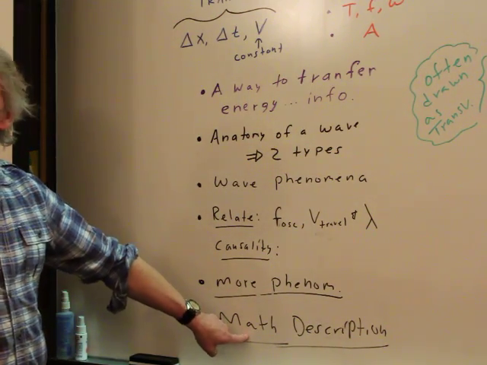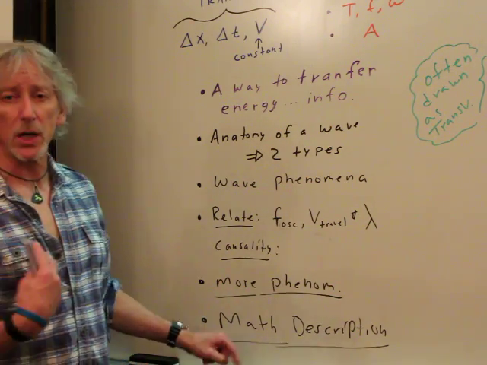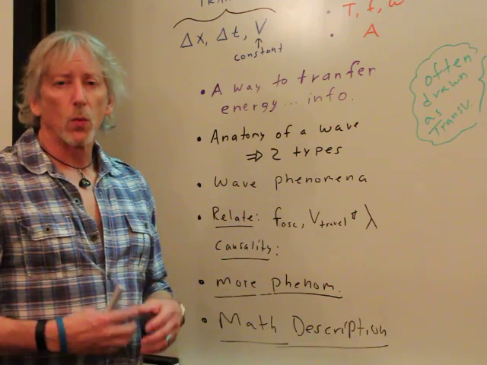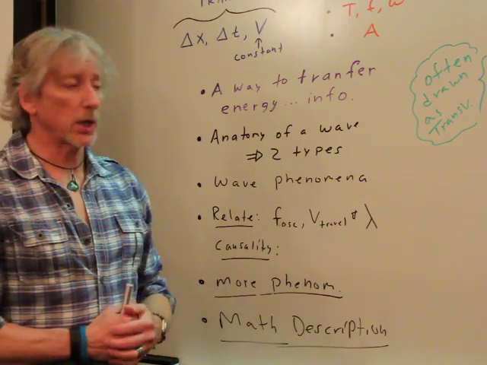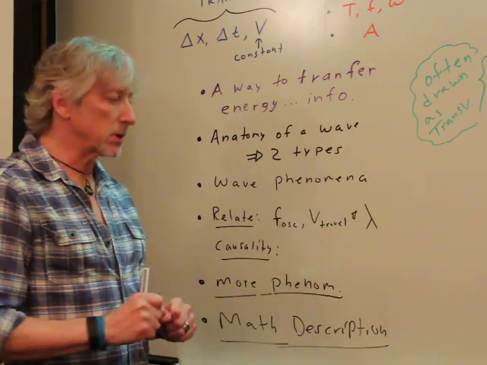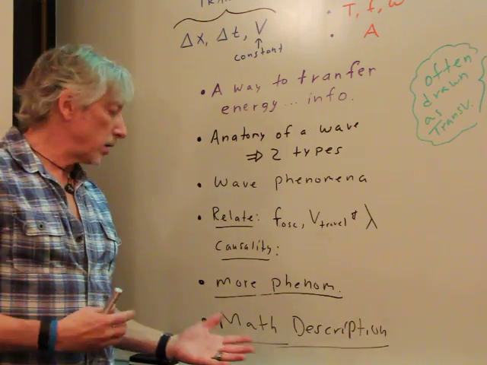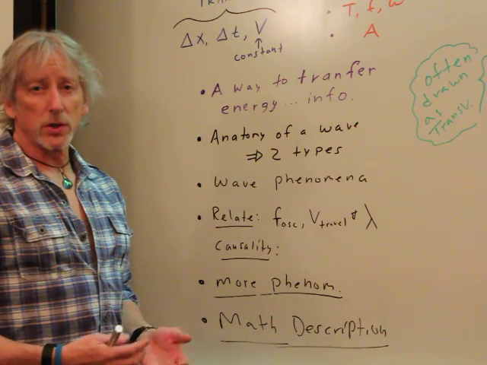And we'll look at a more sophisticated way of handling waves in the mathematical description, which is going to be a cosine or sine, sinusoidal term, which varies in space and in time. So it's going to have two terms in that sine or cosine function. Then you can write the equation of motion for a wave, which we're going to see as a second order differential equation.